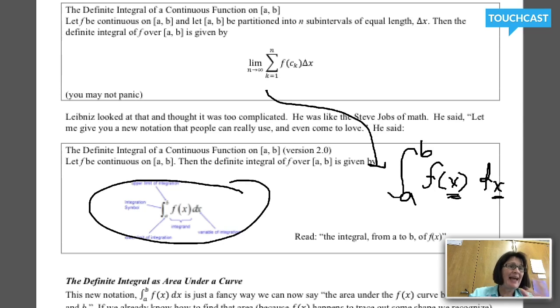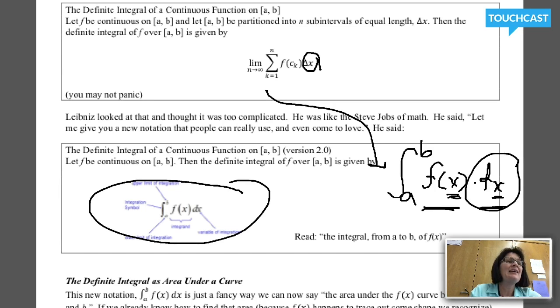This symbol still means add up a bunch of, but now it means add up infinitely many of, and there's a product in here. This is a height times a width, just like when we were finding areas of rectangles. But now, instead of the total distance across our interval divided by the number of rectangles giving you delta x, this dx implies that our delta x got smaller and smaller as I used more and more rectangles until it becomes infinitely small.